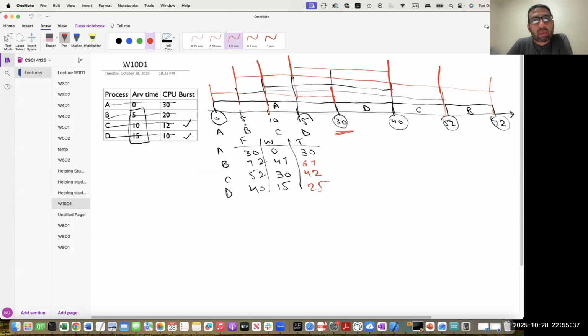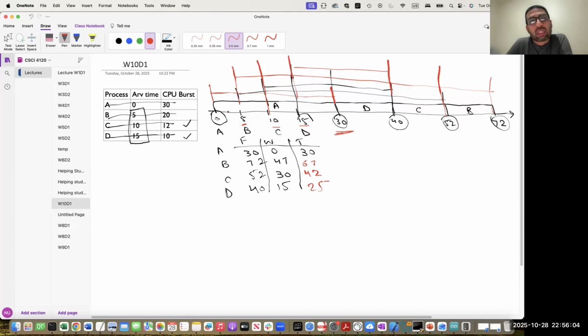B entered the ready queue at 5, C entered at 10, and D entered at 15. But still we allowed A to complete its burst. These newly arriving processes B, C, and D didn't preempt the execution of process A. Process A was allowed to complete its execution.